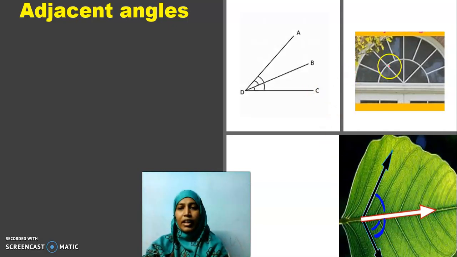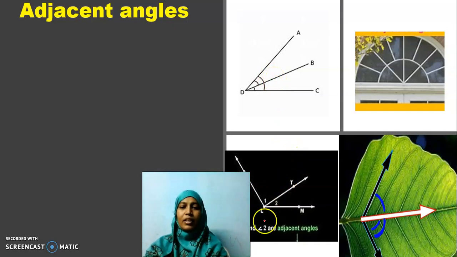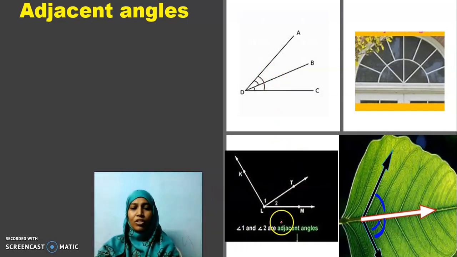If I draw the angles that are there in that real life picture as a mathematical geometrical diagram, I will have this type of angles. Such angles are called adjacent angles. Here I have one more picture. Angle 1 and angle 2 are adjacent angles. They are lying near to each other.